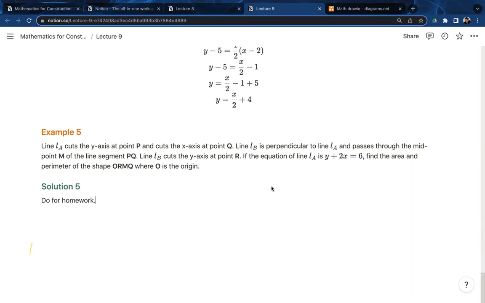Now line LB also cuts the y-axis at point R. Given that information, if I tell you that the equation of LA is y plus 2x equals 6, right? Find the area and perimeter of that shape ORMQ. ORMQ, of course, obviously if it has 4 points, is some kind of quadrilateral, right?